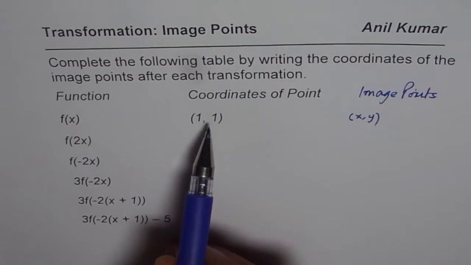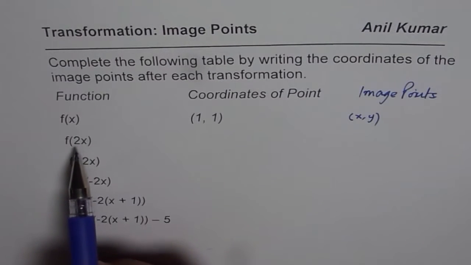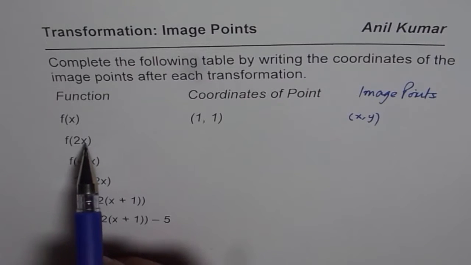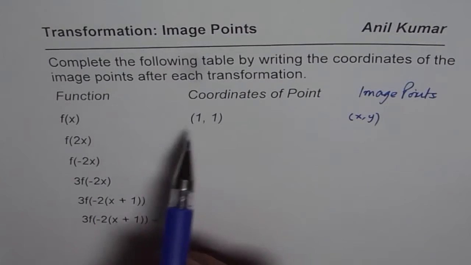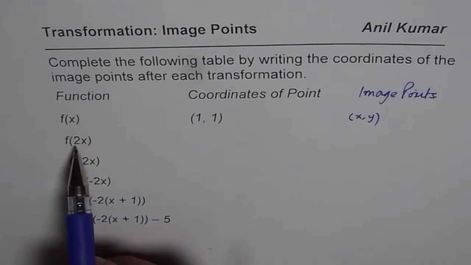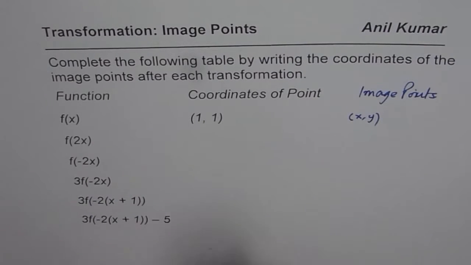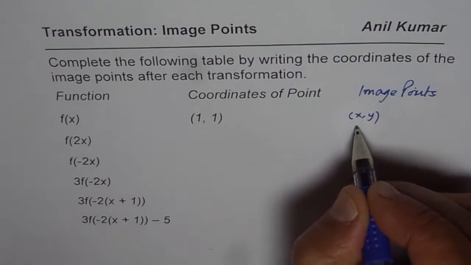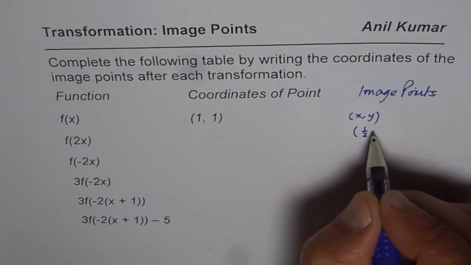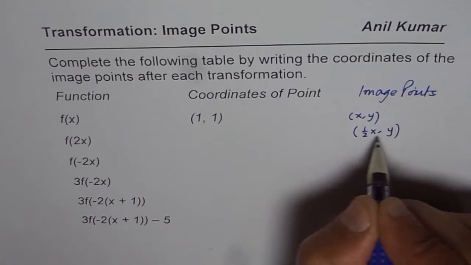Where will this point be on function f(2x)? Now when I write f(2x), it means the function is horizontally compressed by a factor of half. So this point will change to half of x, and for y there is no change.